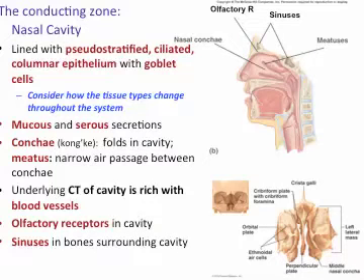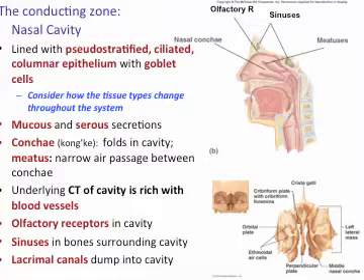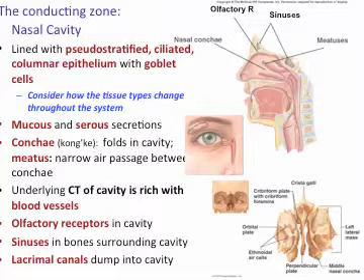Also, just outside the nasal cavity are sinuses in the bone, so spaces in the bone, that participate in sound production and also keep your skull lighter. And then there's this picture of the lacrimal canals.